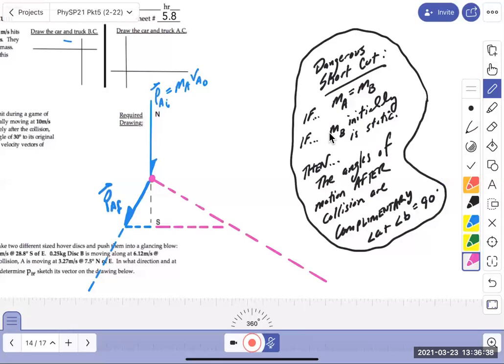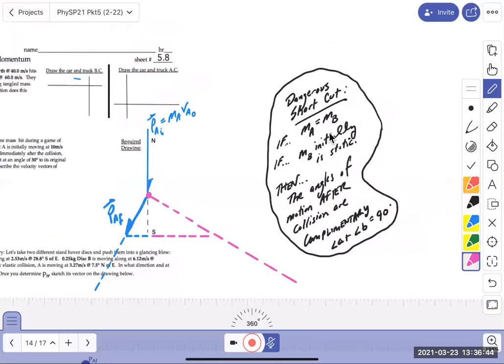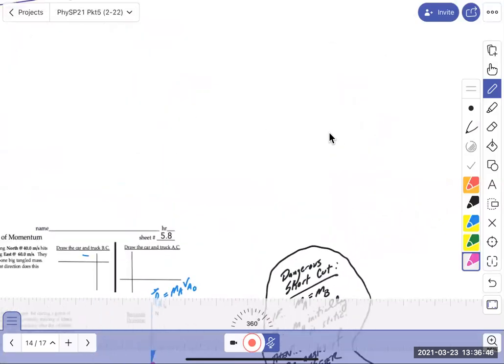Okay, so let's go back. We need to revise our conservation. We need to beef it up a little bit. So conservation of momentum, we've said, is the summation of little pi equal to the summation of little pf. Well, okay, but now we got to make it two-dimensional.